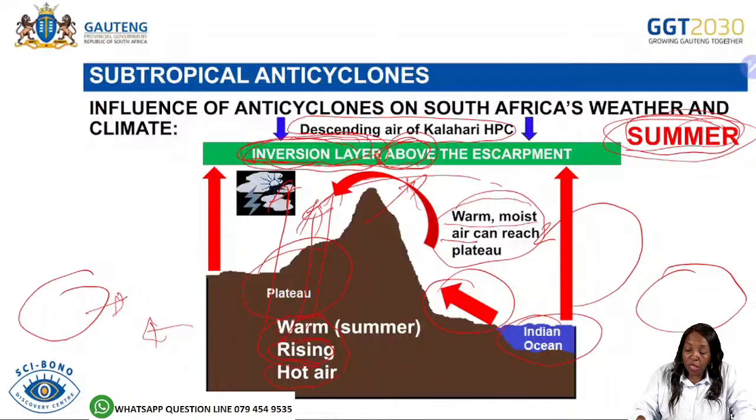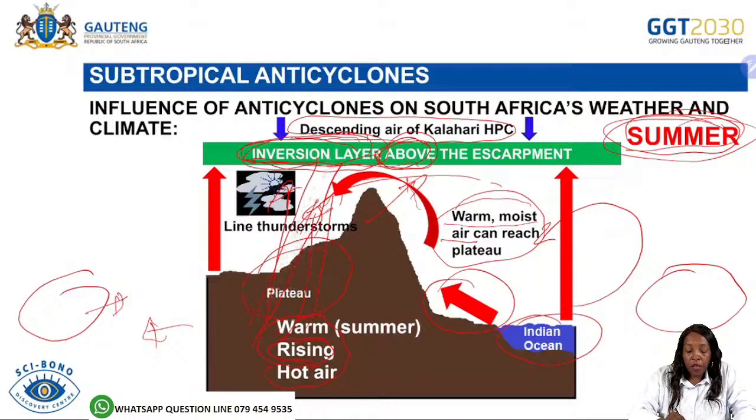So it is able to reach the interior, and then we are going to have the development of weather elements such as line thunderstorms. So the line thunderstorm would mean that alongside the east of the country, we will have more convection, and there would be more cloud development along the eastern part of the country, rather, not the coast, the eastern part of the country.